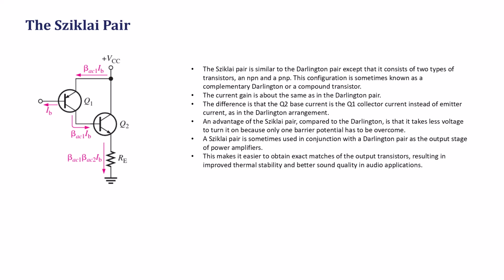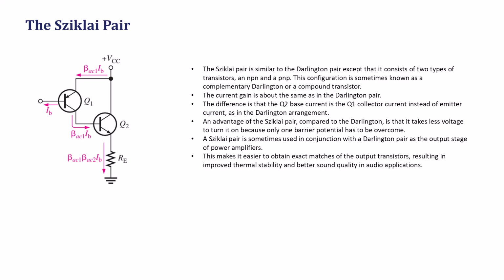The key difference is in how the two transistors connect here. The base current of Q2 is actually the collector current of Q1 instead of the emitter current, as it was in the Darlington arrangement. One advantage of the Sziklai pair over the Darlington is that it takes less voltage to turn on because only one base emitter barrier potential has to be overcome instead of two.